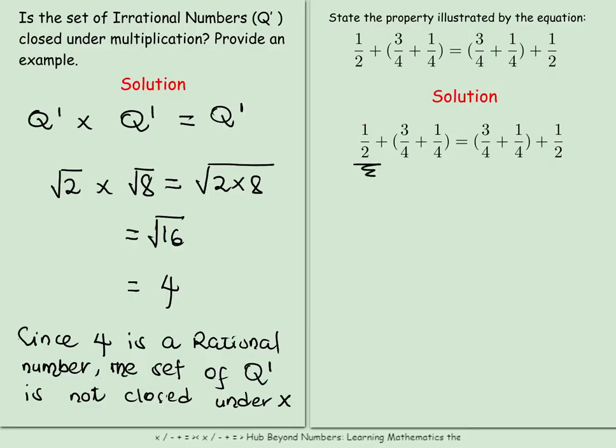We have 1 over 2 here and a bracket. Now look at the content of the bracket. It is the same thing we have over here, then plus the 1 over 2. You see, the brackets have not changed. The same content is what we have in the bracket.